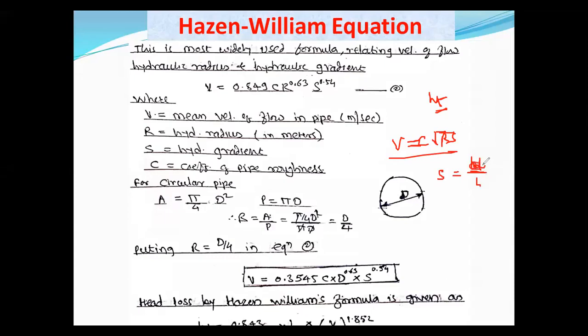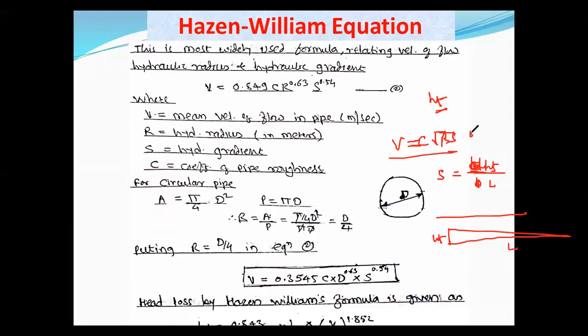Now here this HL or HF is the head loss due to friction per unit length of the pipe. How much loss of head is taking place per unit length. This is the HF and this is the length of the pipe. So this slope is nothing but HF per L. So instead of this S, we can write here HF by L.